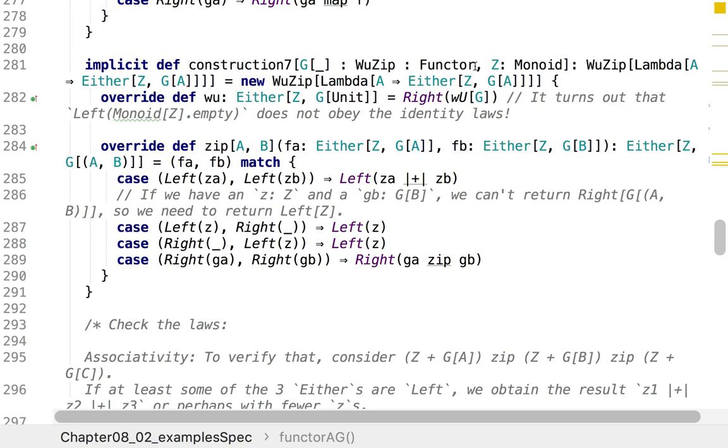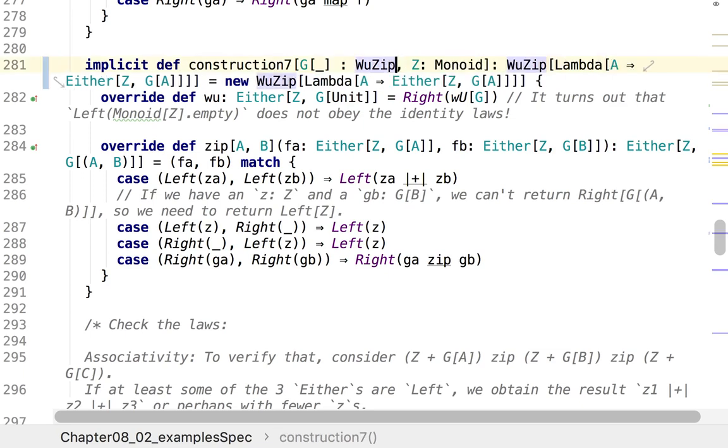So again, I have put here perhaps a constraint that I don't need. Now, we need to define a wrapped unit, which is of this type. And we have, again, just like in the other construction, two possibilities.